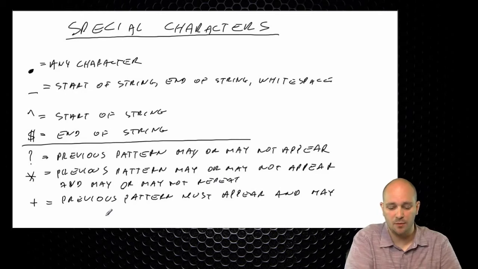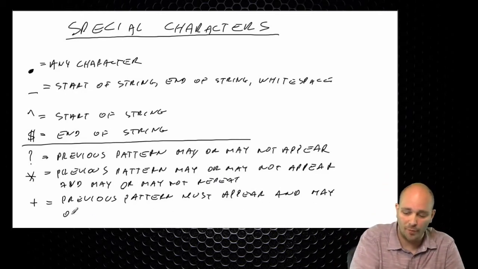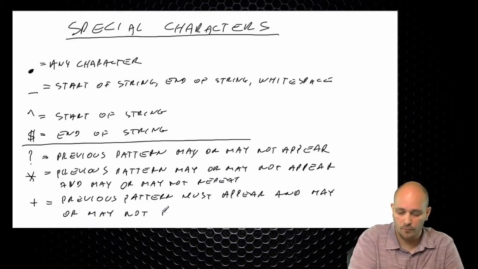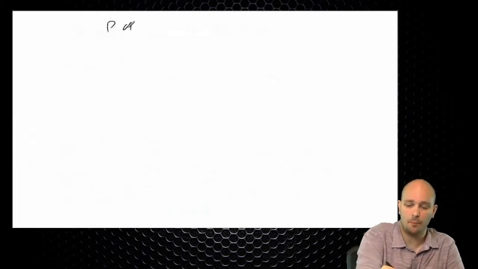And the plus means that the previous pattern must appear, so it must show up at least once, and may or may not repeat. Now, this brings me to the subject of what is a pattern.